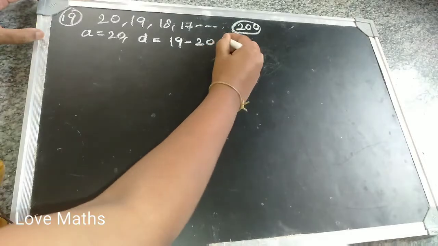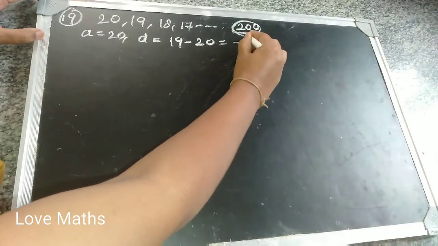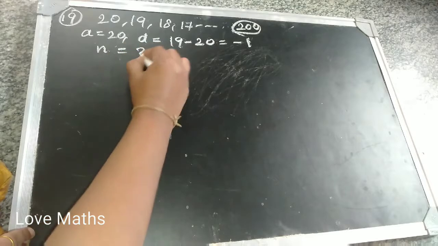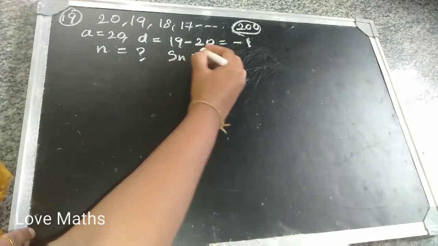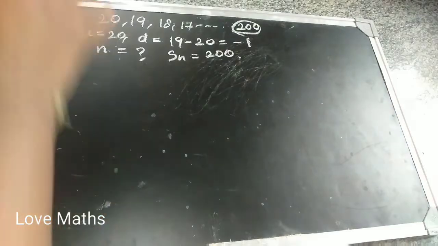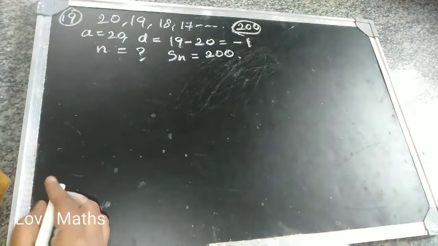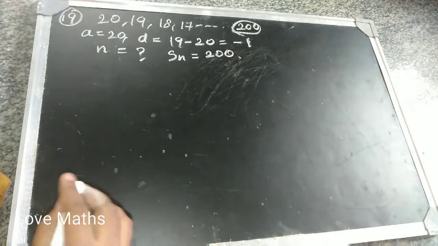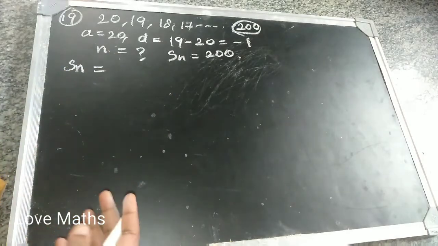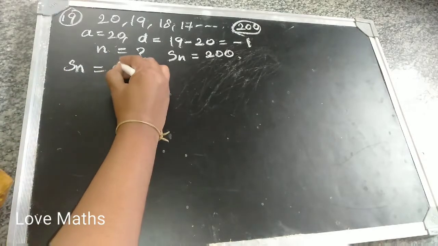Smaller number minus larger number means minus, as usual do the subtraction. Only n we don't know. Sn is equal to 200, that means the sum of all that. So you just write the formula and substitute. What is the Sn formula? In each and every question, write the formula. It is helpful to you.